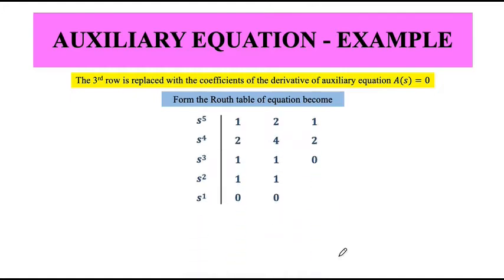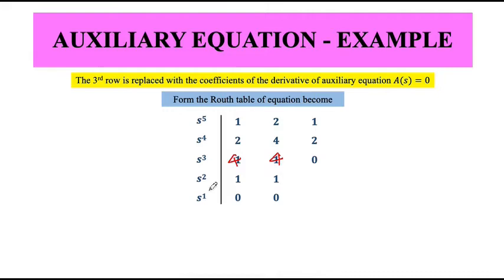Now I go here, right? I substitute the entire fourth row over here. So this would be 4, 4, and 4 is common, so I get rid of 4. I can write the equivalent 1, 1.